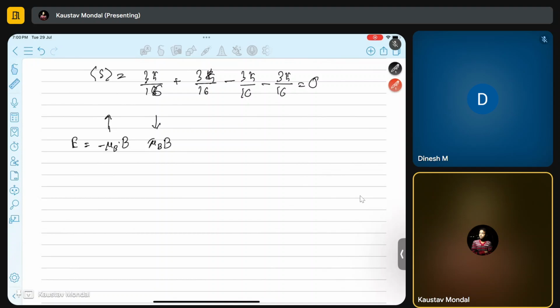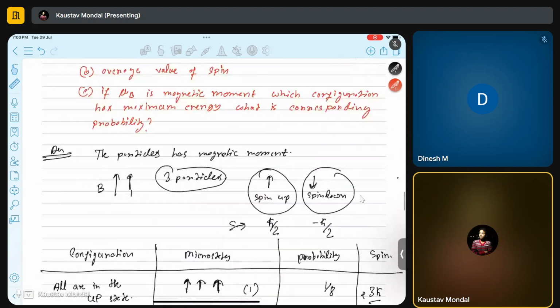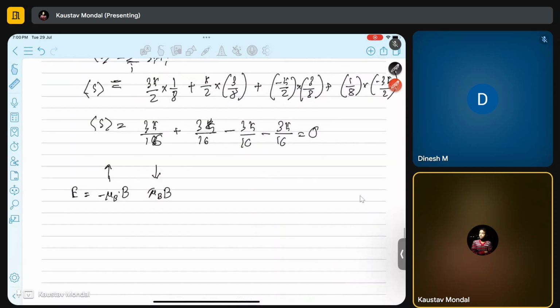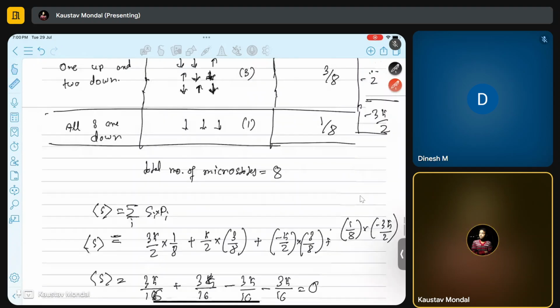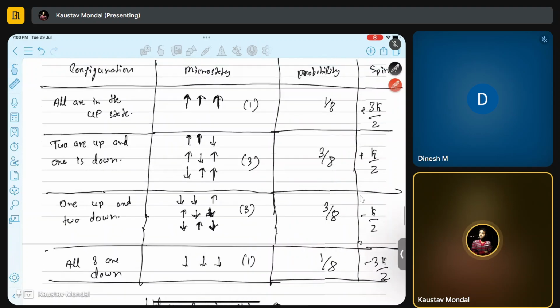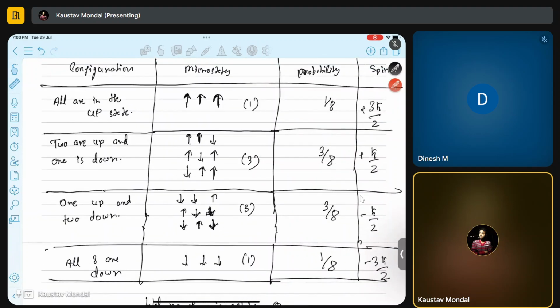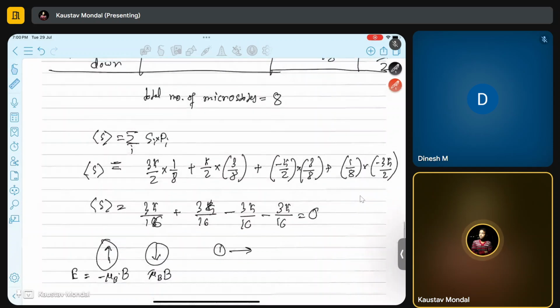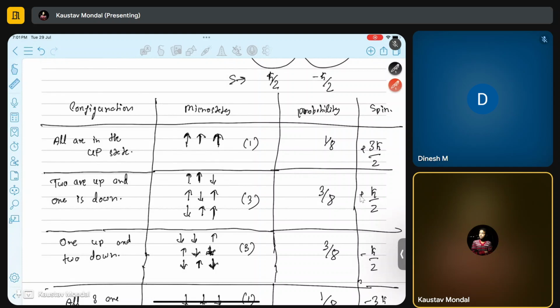So in the first case, all 3 particles are in the spin up state.